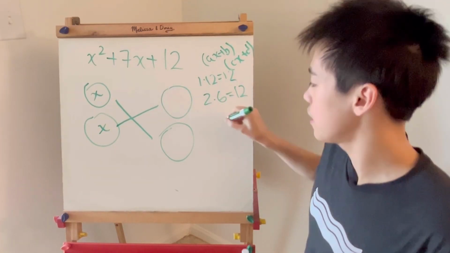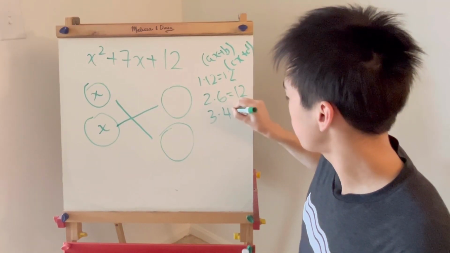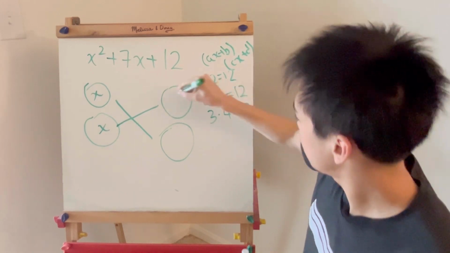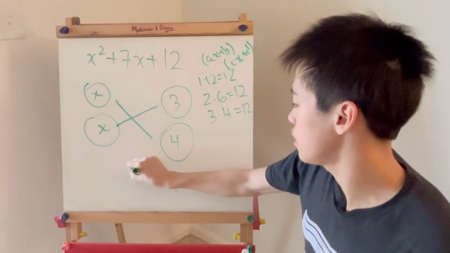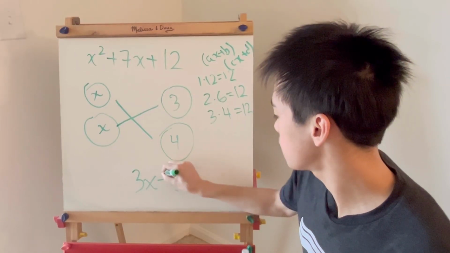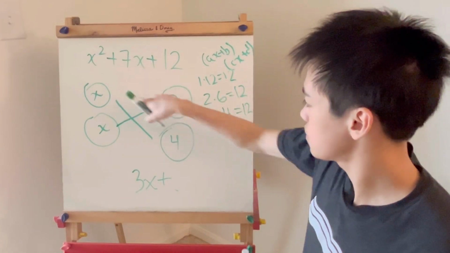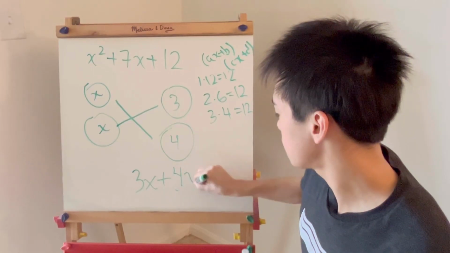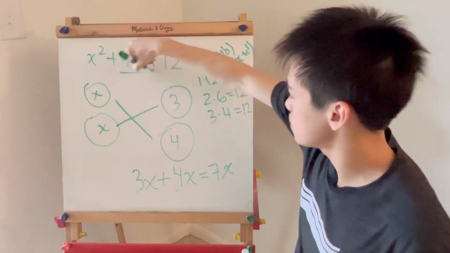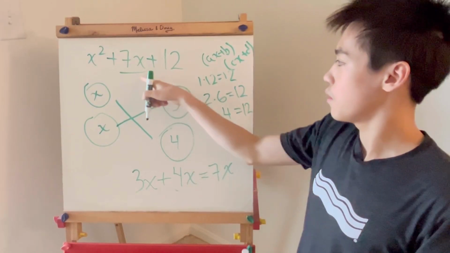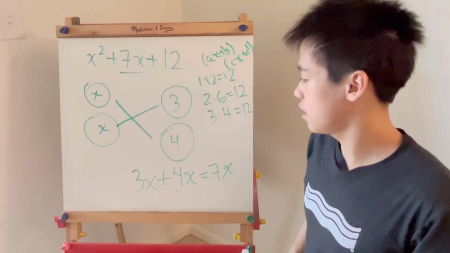Okay, now let's try 3 and 4. This product is going to be 3x, and this product is going to be 4x. Their sum is going to be 7x, which we know matches our x term of the desired quadratic.